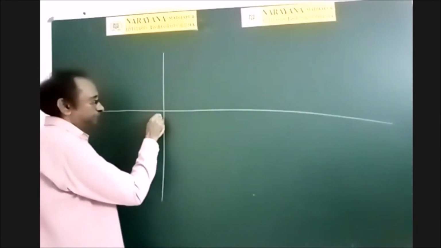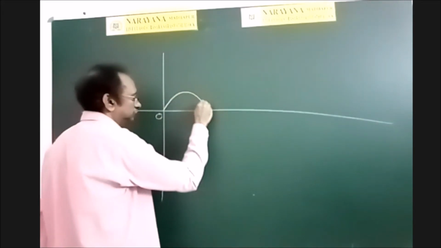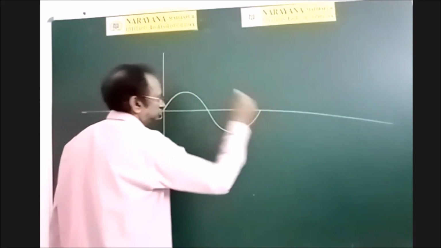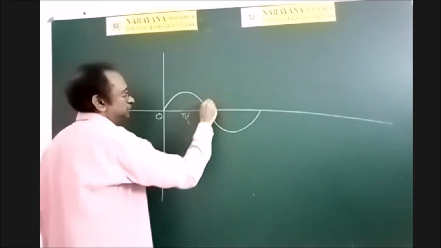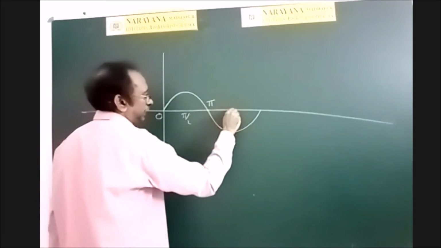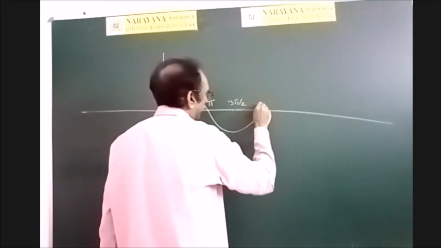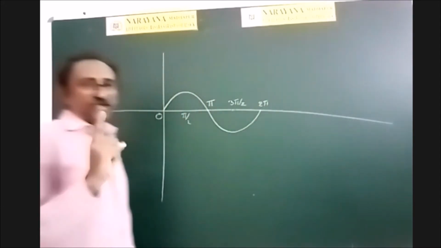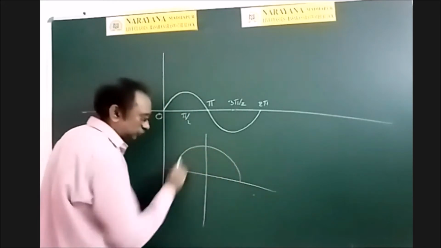So this is 0. So the graph will be like this. So this is pi by 2, and this is pi, and this is 3 pi by 2, and this is 2 pi.